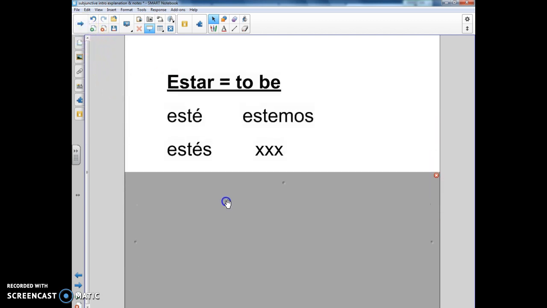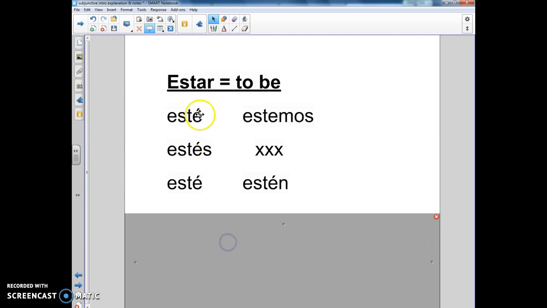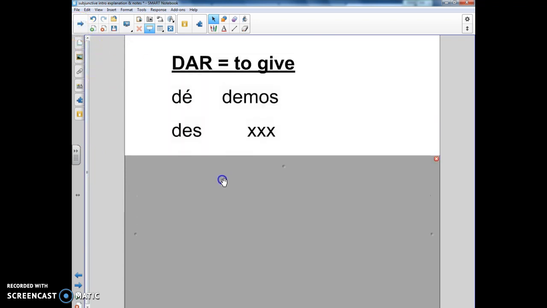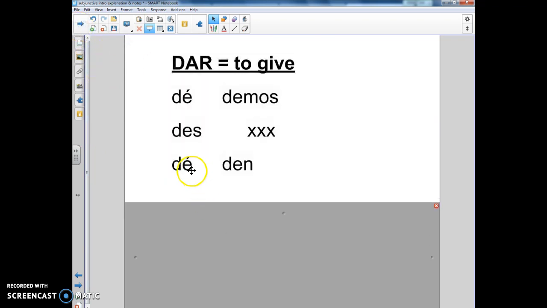And then estar is really only irregular because you'll notice that it gets some accents on the endings. Okay, everything except nosotros gets an accent. So esté, estés, esté, estemos, estén. Okay, and then same thing with dar. Dar is going to get some accents on the yo form and the usted form.